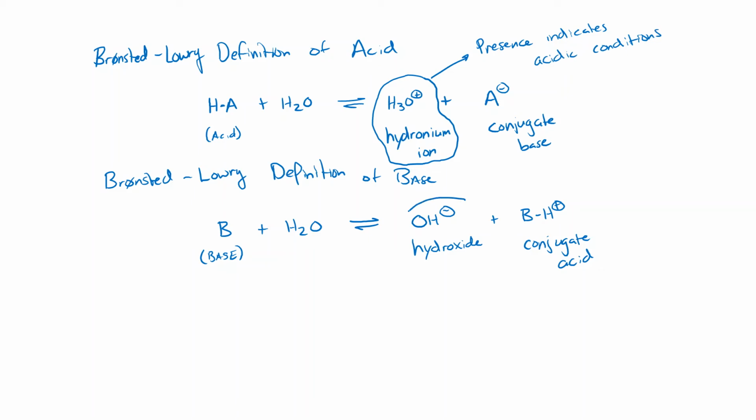And in the same way, likewise, the presence of OH minus indicates basic conditions. So this is one of those ideas that we're going to use a lot, right? We're going to say that when we are under acidic conditions, we're going to have the hydronium ion present.